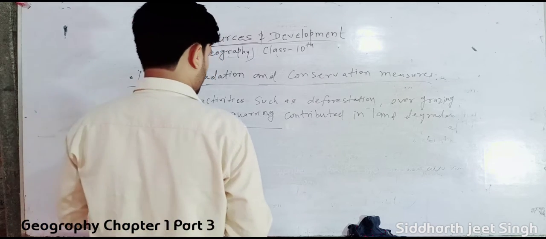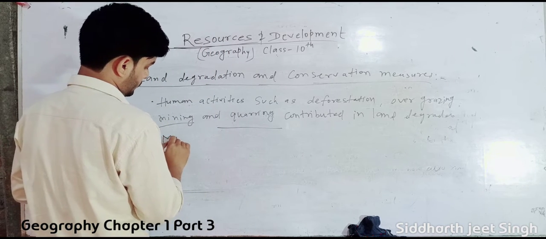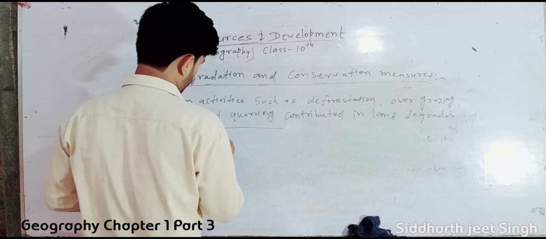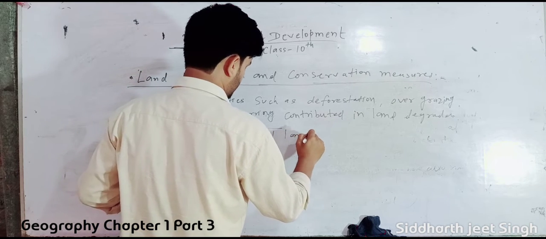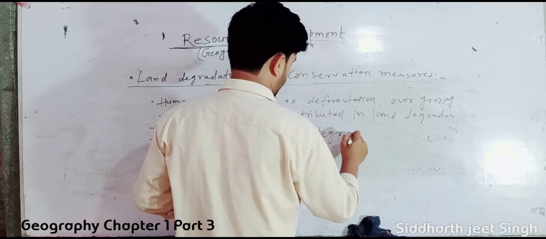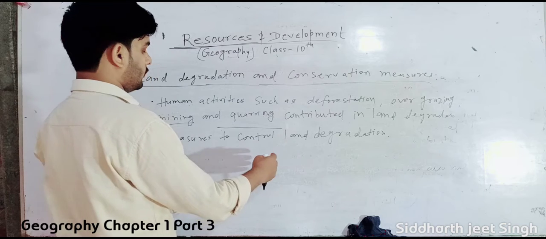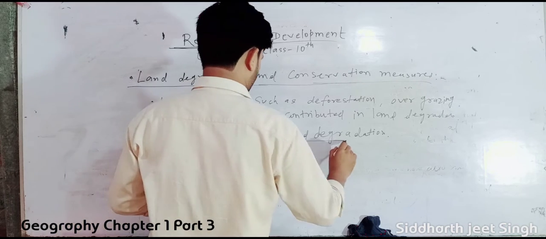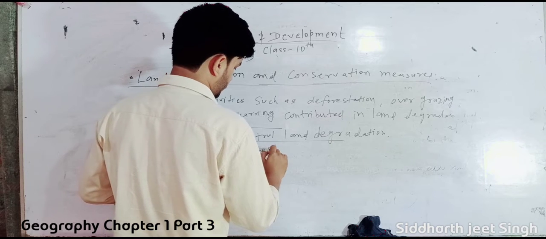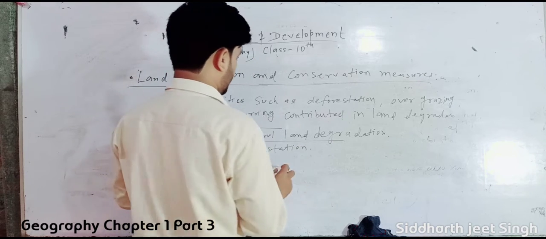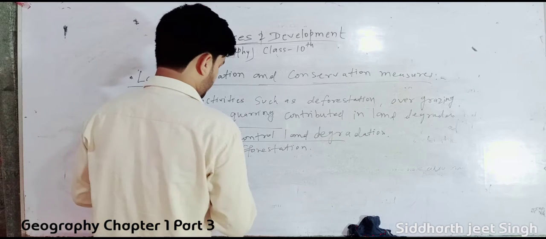Then, measures to control land degradation. How do we control land degradation? We have to do afforestation, that means plantation of more trees.